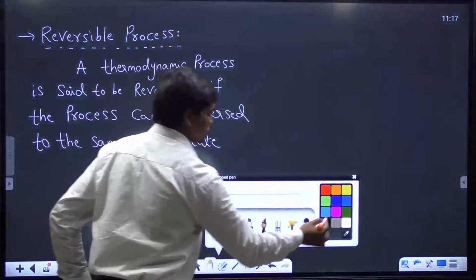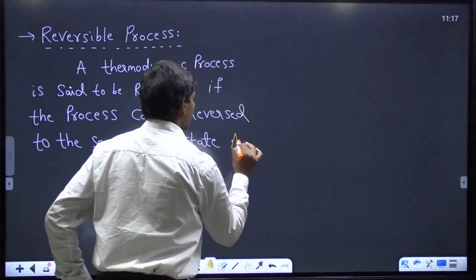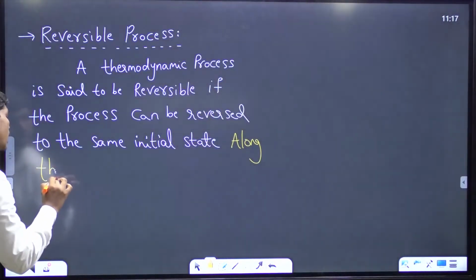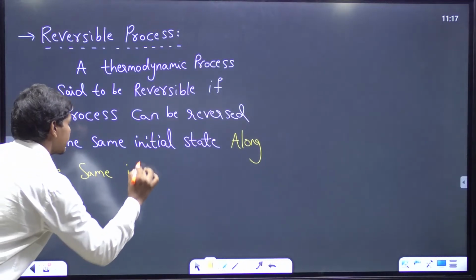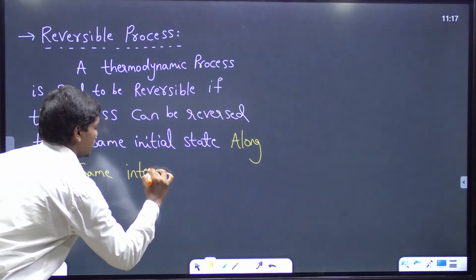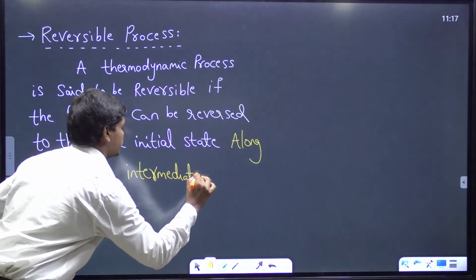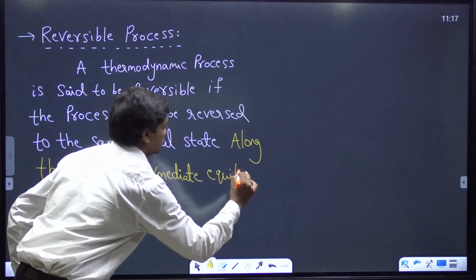Now one thing I would like to write here with a different ink, which is very important, along the same intermediate equilibrium states. I'll tell you why we can't retrieve back a non-quasi-static process.